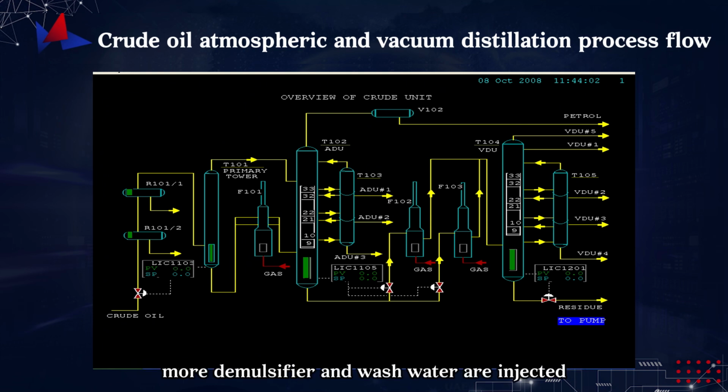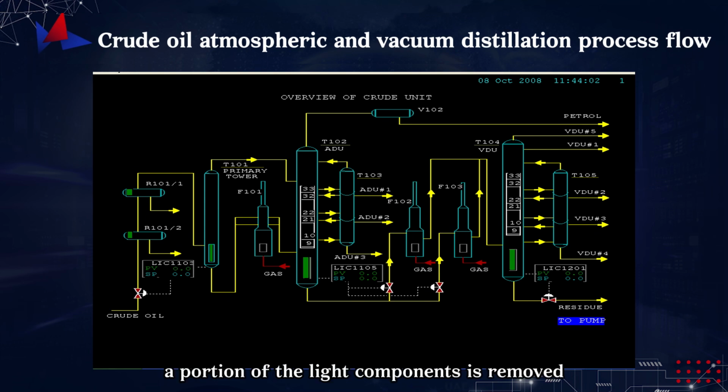More demulsifier and wash water are injected, and after thorough mixing, it enters the third stage electric desalting vessel. Again, under the action of a high-voltage electric field, further oil-water separation occurs, achieving the purpose of crude oil electric desalting. Then, it is heated to about 200 degrees Celsius via heat exchangers, and enters the flash tower.